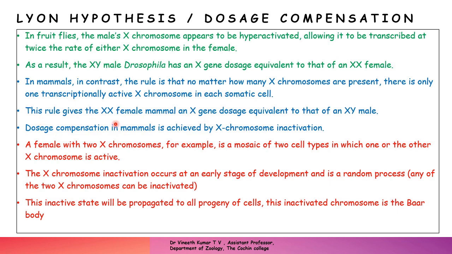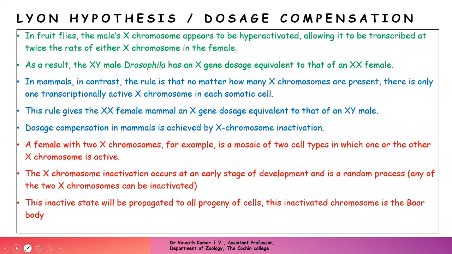So this rule gives the XX female mammal an X gene dosage equivalent to that of the male. So dosage compensation is achieved by X chromosome inactivation. A female with two X chromosomes, for example, is a mosaic with two types of cells in which one or the other X chromosome is active.